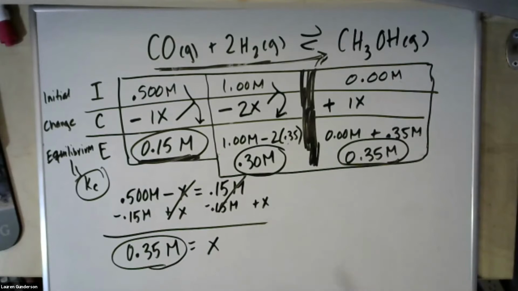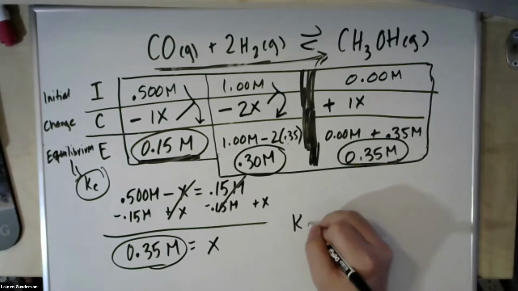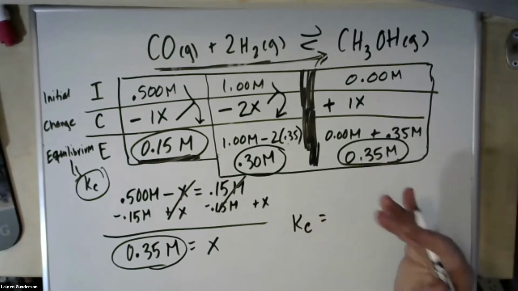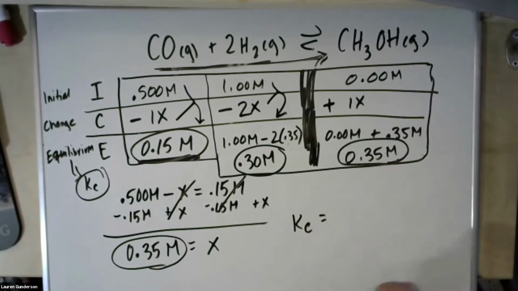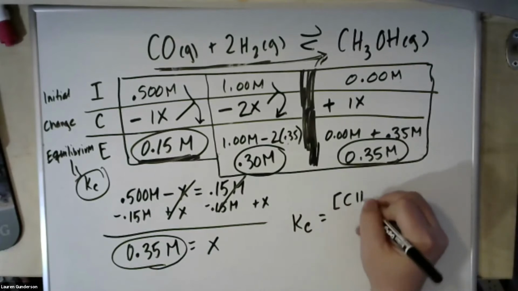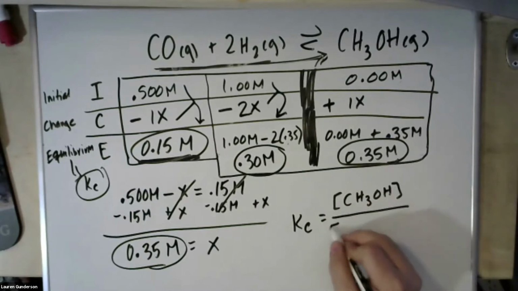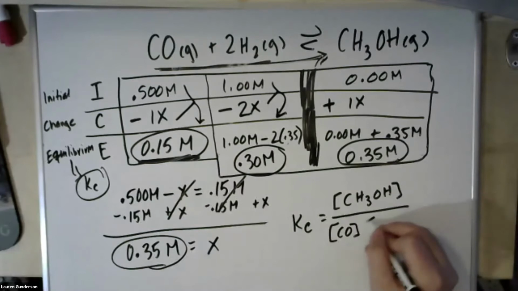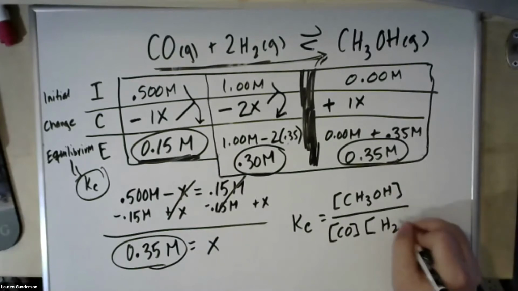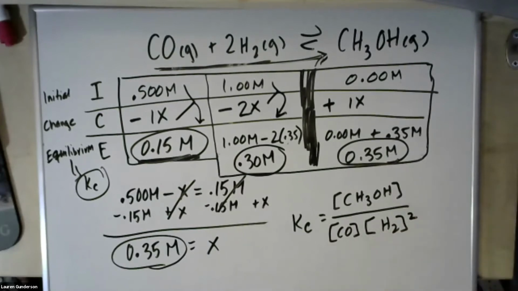Our Kc expression for this is products over the reactants raised to the coefficients. So CH3OH divided by CO divided by H2 squared.